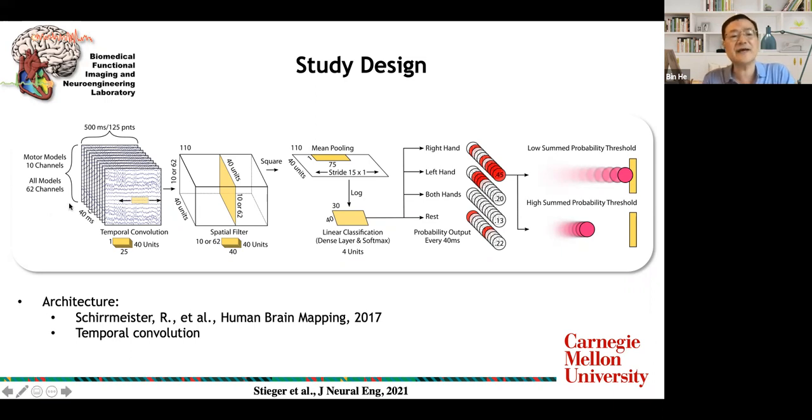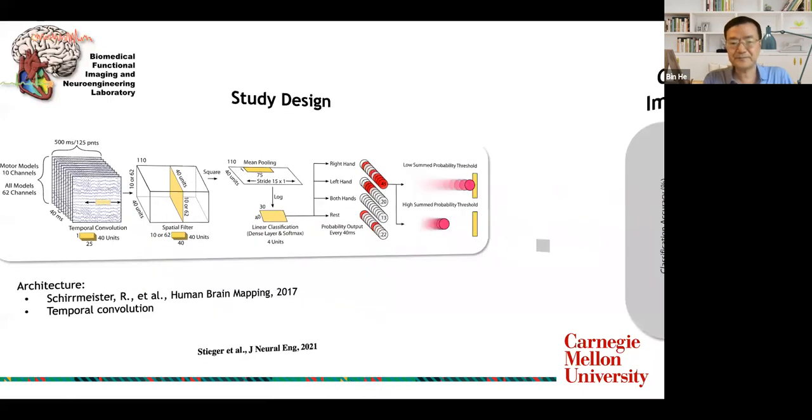We use a 500 millisecond temporal length, with a distance between each of these frames of 40 milliseconds. Then we compare using 10 motor cortex channels versus the entire scalp coverage, which is 62 channels. The output of this deep learning network is 4 states: right hand, left hand, both hands, or rest.